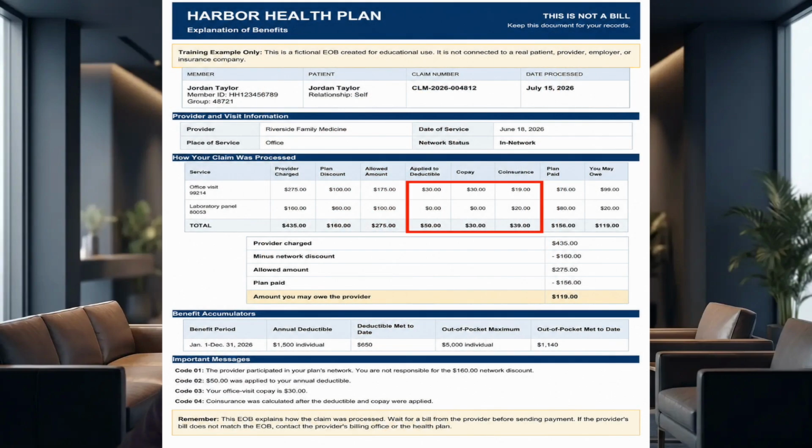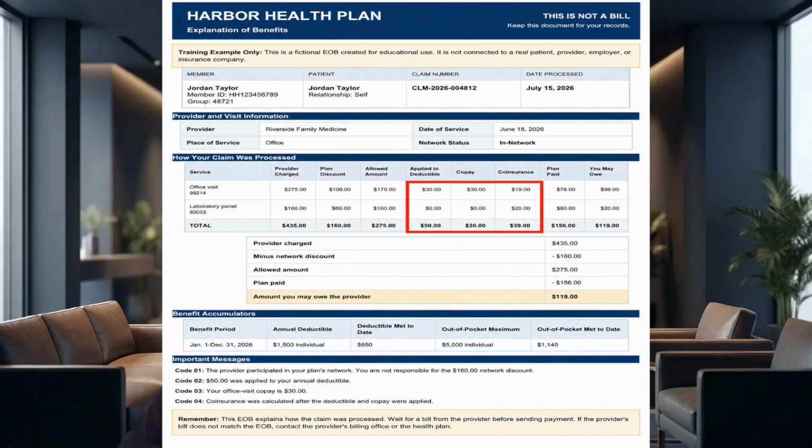Step 5, look at the deductible, copay, and coinsurance. Now we can see how the patient's responsibility was calculated. For the office visit, $50 was applied to the deductible. The office visit copay was $30, and coinsurance was $19. Insurance paid the remaining $76.